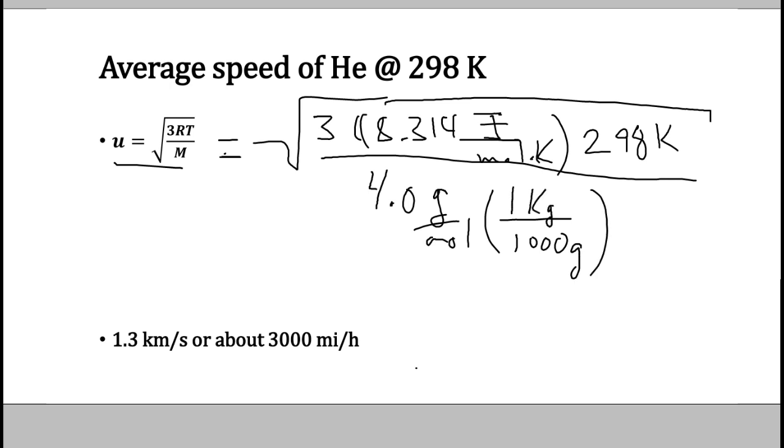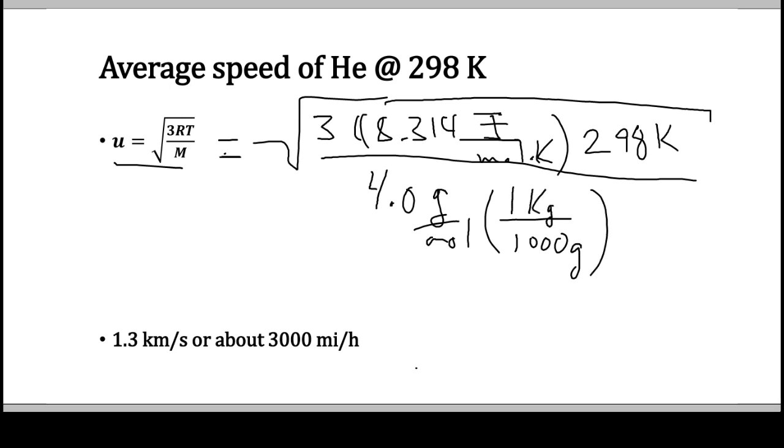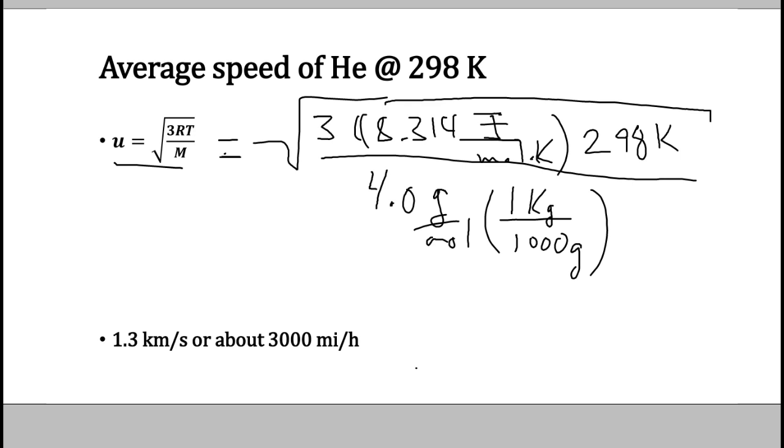Let's take a look at our units really quick and see what cancels out. We can see right away the moles cancel out. Kelvin cancels out. The grams cancel out. So our units we're stuck with right now are joules per kilogram.